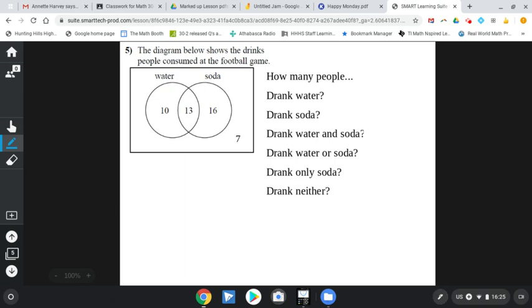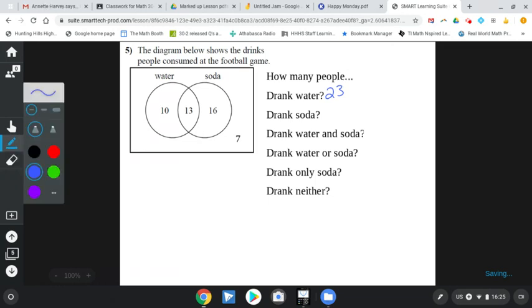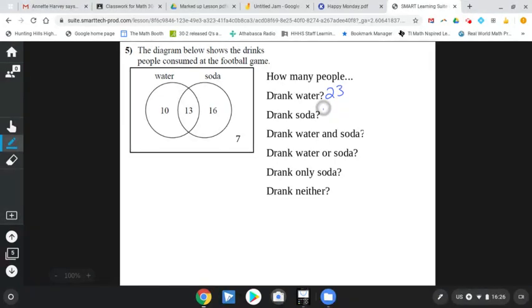So add those two sections up and we'll say 23 people drank water. And how many drank soda? Again, everybody in this circle drank soda, so I need to add up 13 plus 16 to get 29 people that drank soda.